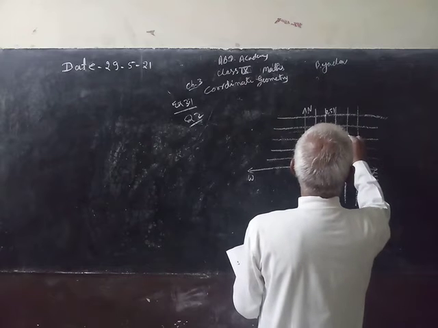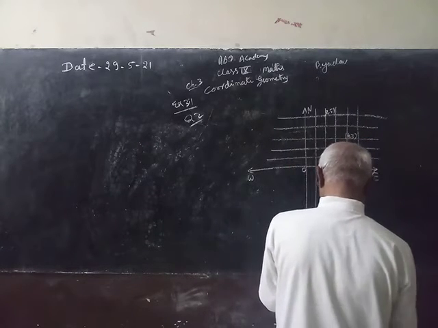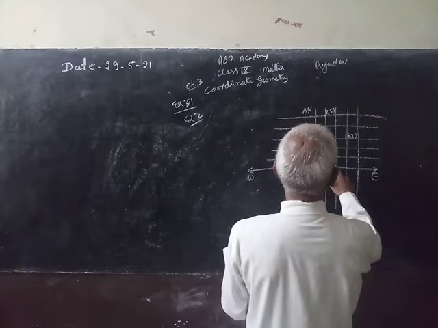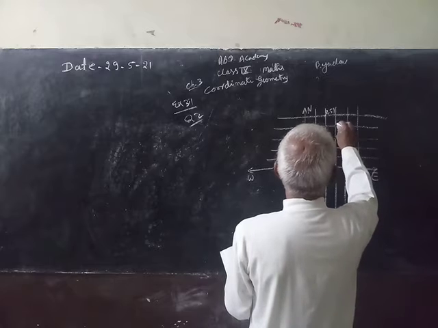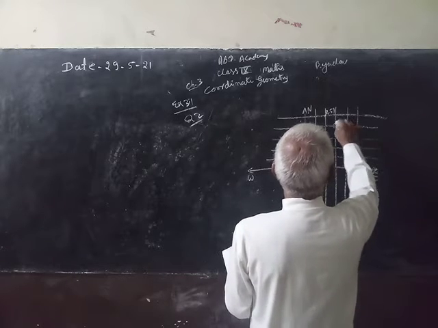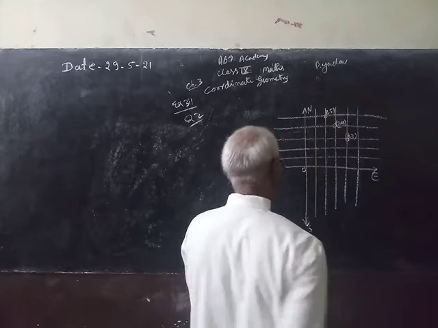Here is 4, 3. And the other is 3, 4: 1, 2, 3 and 1, 2, 3, 4 is here. This is 3, 4. This is like a graph.